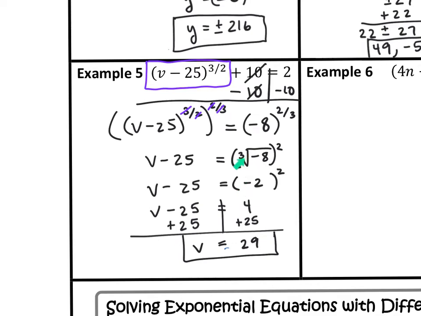But for cube roots, since we're multiplying by a third term, if the term inside the cube root is negative, then our answer is going to be negative. If the term inside is positive, then our answer is going to be positive. So that's the difference here. And negative times a negative becomes a positive because we're going to square it, so we get a positive 4. So in this case, we get one answer.